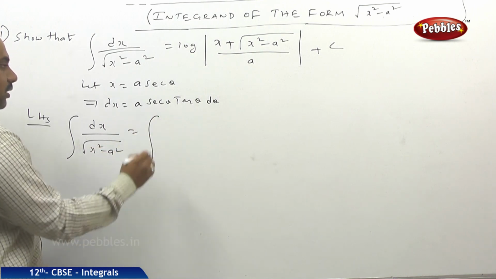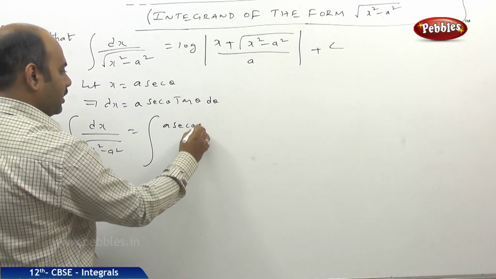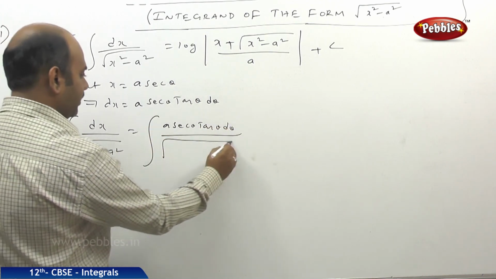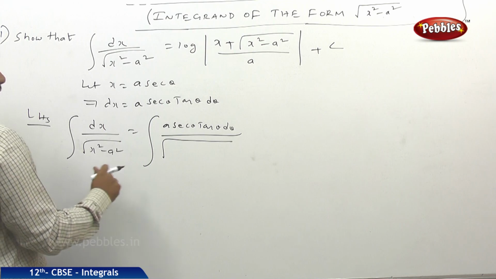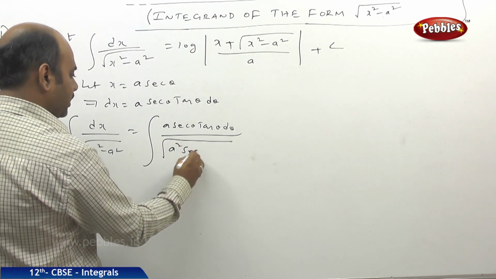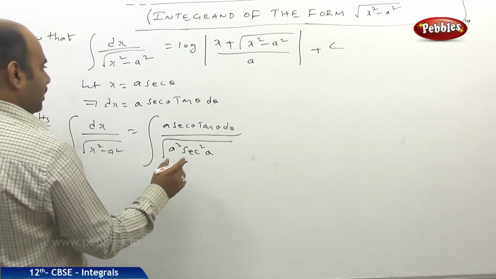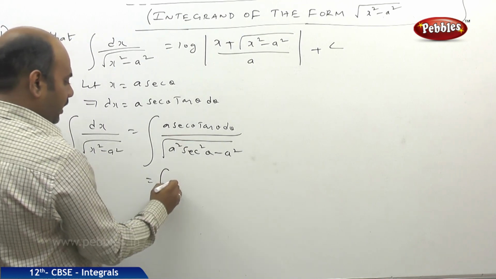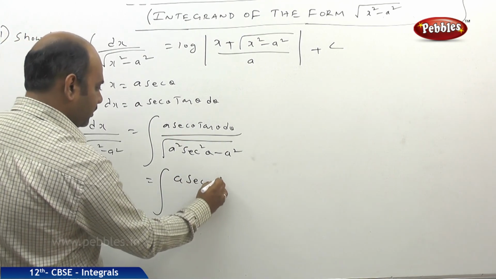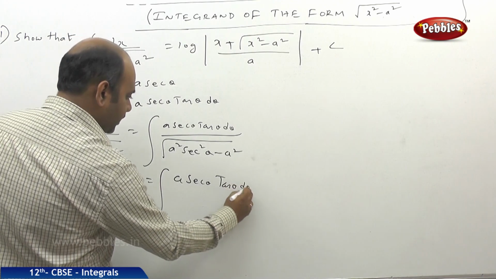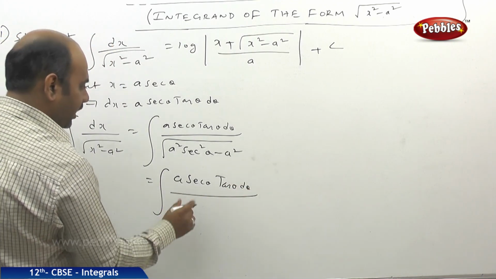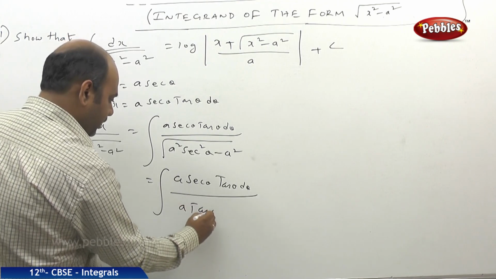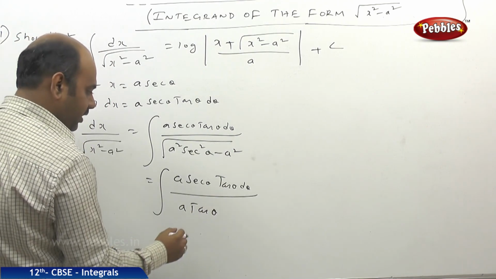Therefore I will take the LHS, integral of dx by under root of x square minus a square, which is equal to, dx I can write as a secant theta tan theta d theta divided by under root of x square minus a square, meaning a square secant square theta minus a square. So a secant theta tan theta d theta divided by a, because a square comes outside, the root is there, and a square times secant square theta minus 1 means tan square theta.